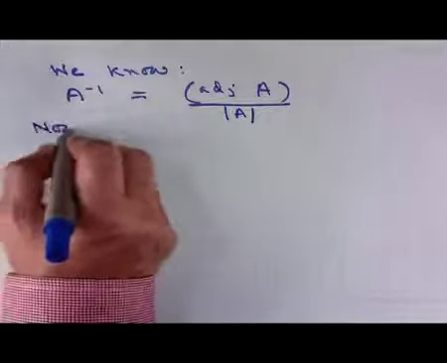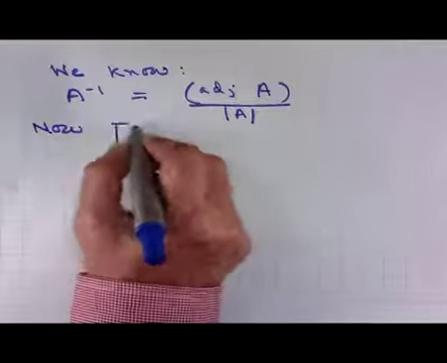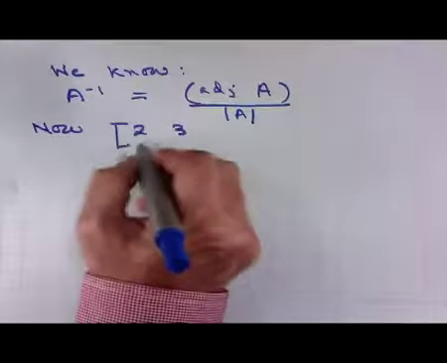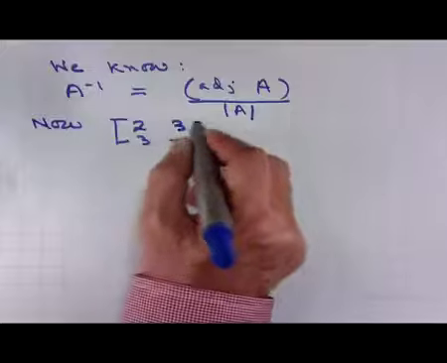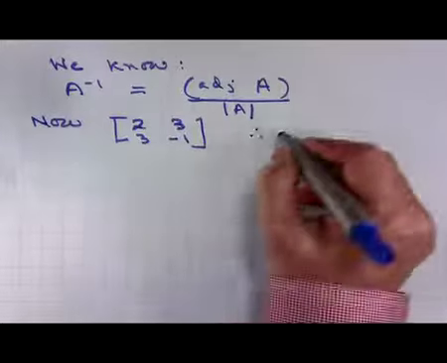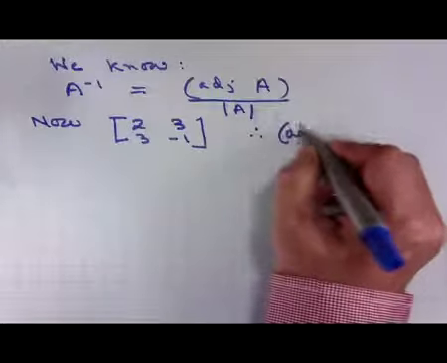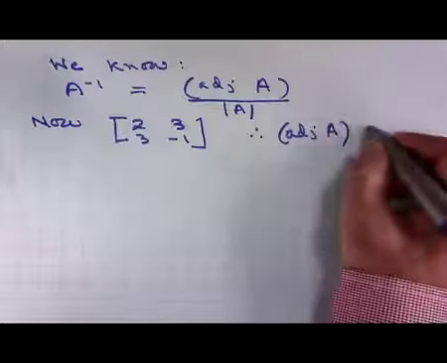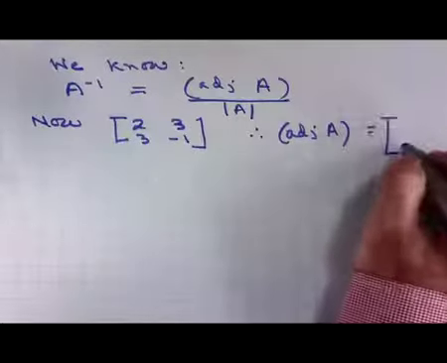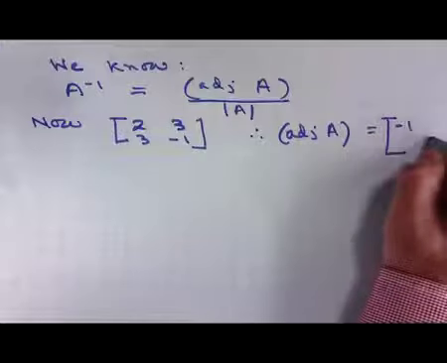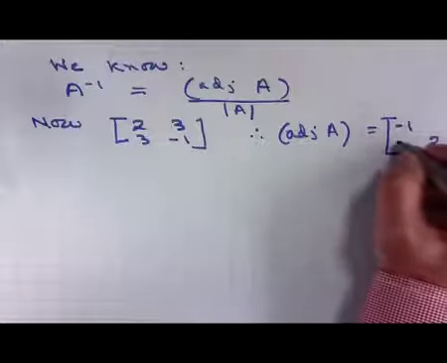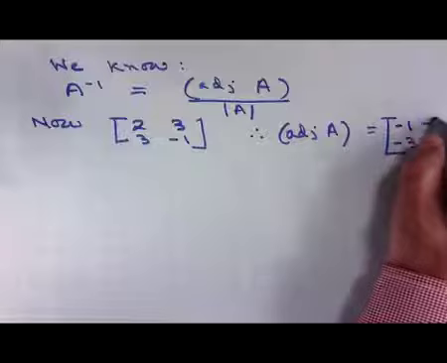Now, the matrix is [2, 3; 3, -1]. Therefore, adjoint of A is obtained as we know: we interchange the two diagonal elements and change the sign of the two off-diagonal elements.